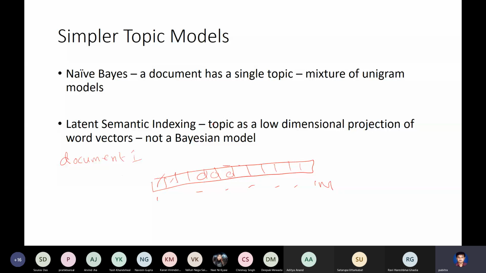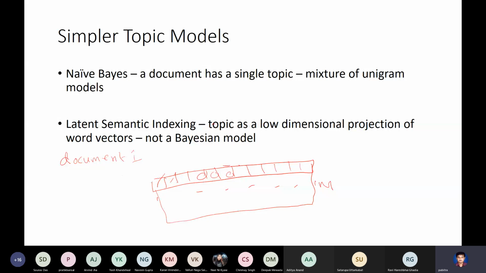So what latent semantic indexing does is that it makes a matrix of these word vectors, and then if two words co-occur in a lot of documents, meaning they are synonymous. Okay, so you just look at co-occurrence of words in a document, in a sentence, or whatever is the granularity, and then you treat them. If they co-occur a lot, you treat them as similar.